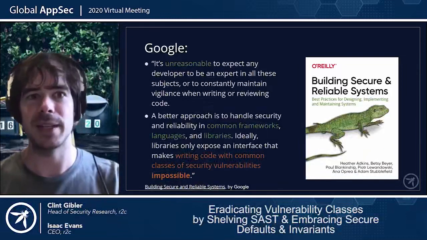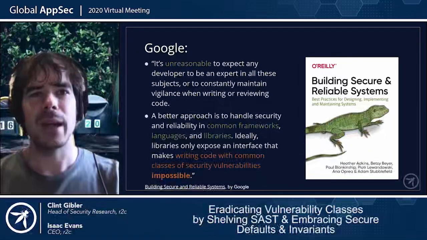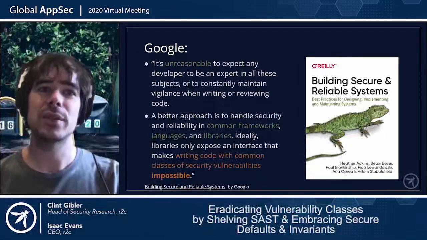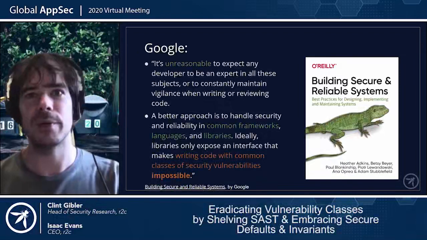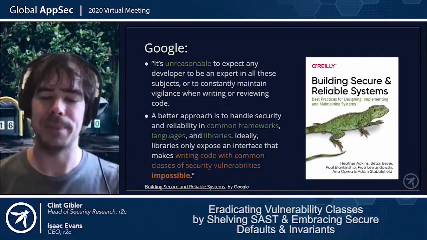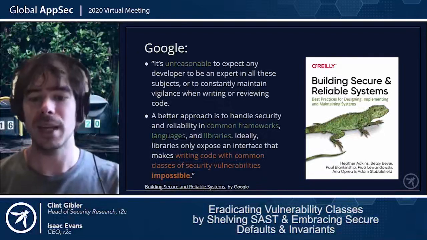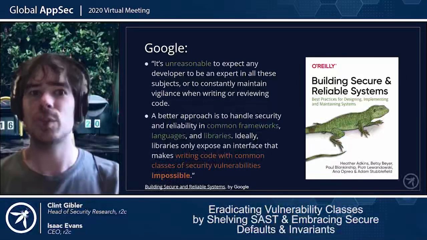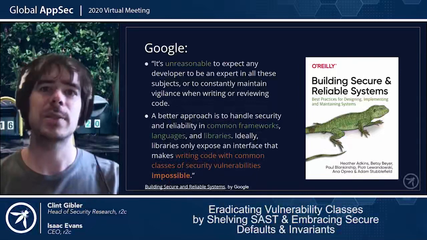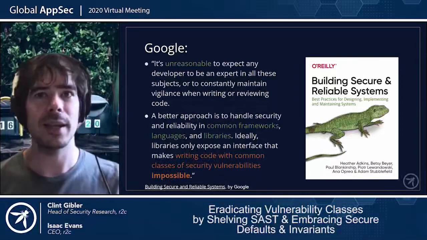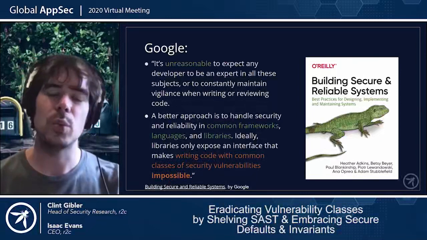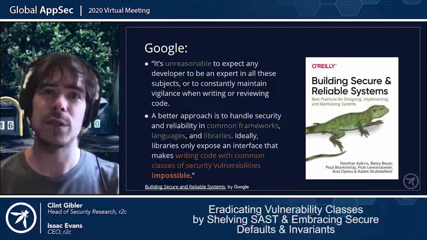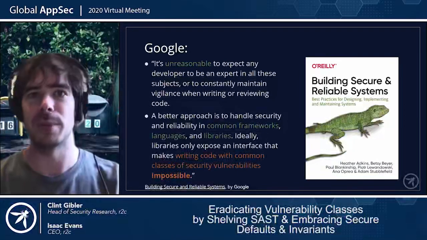I like both parts of this, but I want to focus on the first for a second, which is that I think in many cases, our expectations for developers are a bit unreasonable, right? We expect them to build new features and provide value for the company, both quickly and write scalable code that is correct. And as they're doing all of these things, we also expect them to be aware of all these security things that could go wrong, even though we as security professionals have spent years, perhaps even decades, becoming more familiar with it.